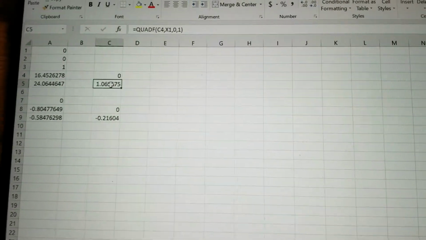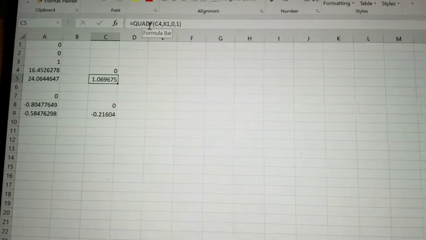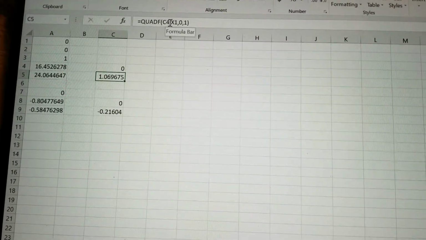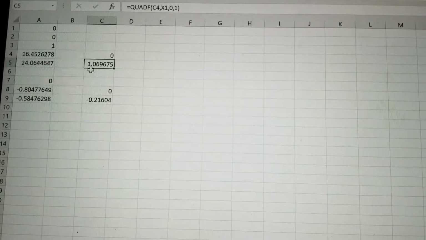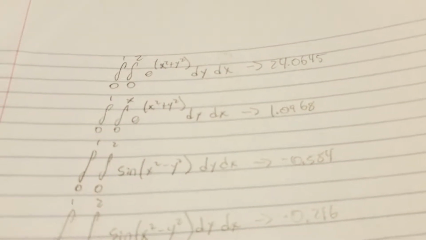And then for the second integral, we had QuadF of C4, which is the y, from 0 to 1 and in terms of x. And that got 1.069, which is not too far off from 1.096. And I don't know why that happened because it's all correct.